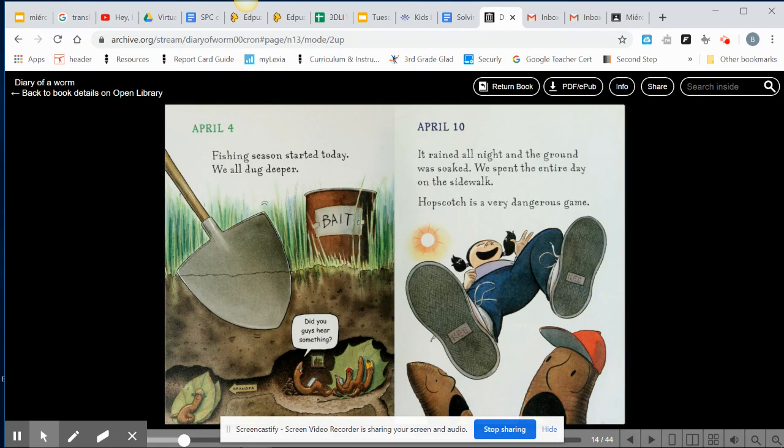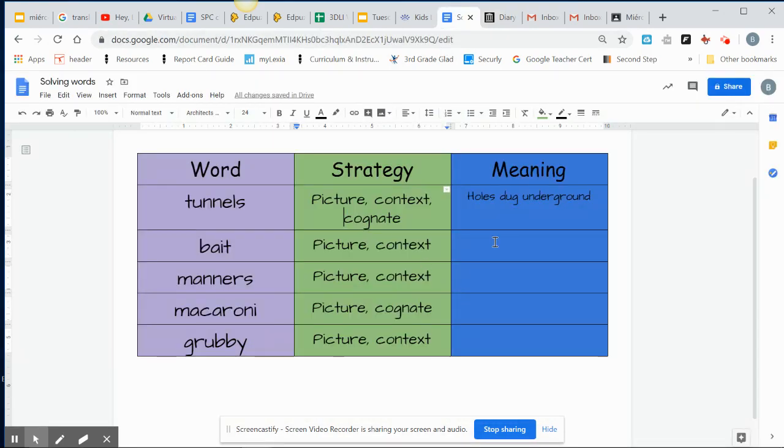So we need to think by using this picture and what it says in the text. And also, this would be a good time to use any previous knowledge that you might have. So maybe something you've heard or read in your nonfiction text with Miss Jenny, but what does bait mean and why is it linked with worms? So what does the word bait mean? Now, if you guessed that bait is food that you use to catch a fish or another animal, you are correct.